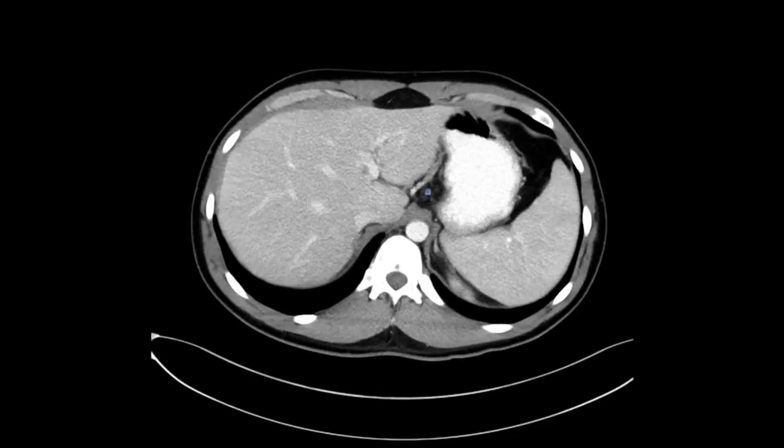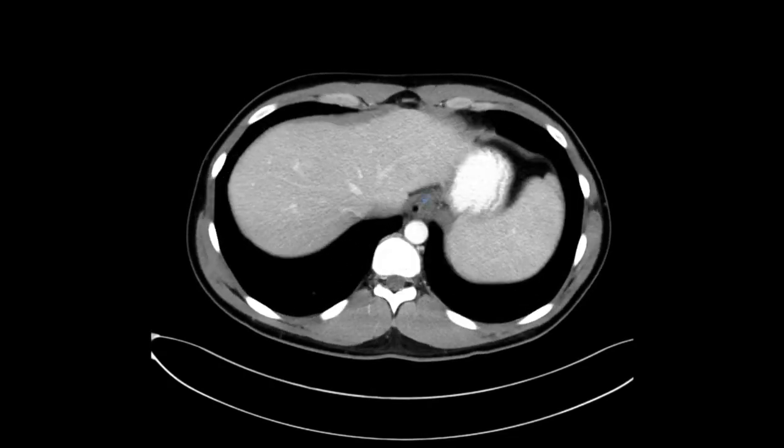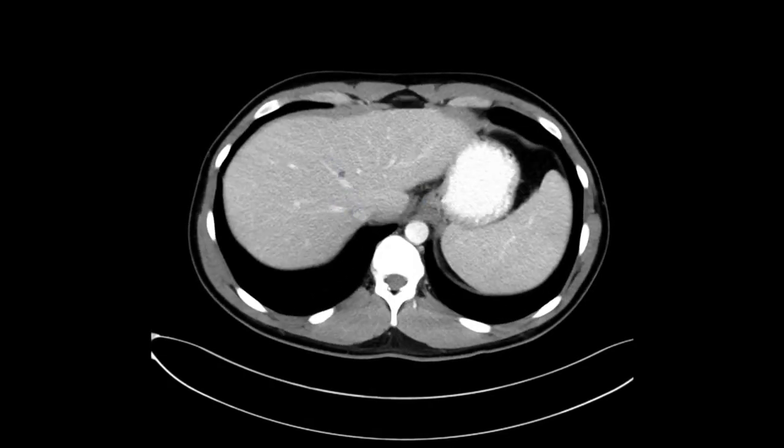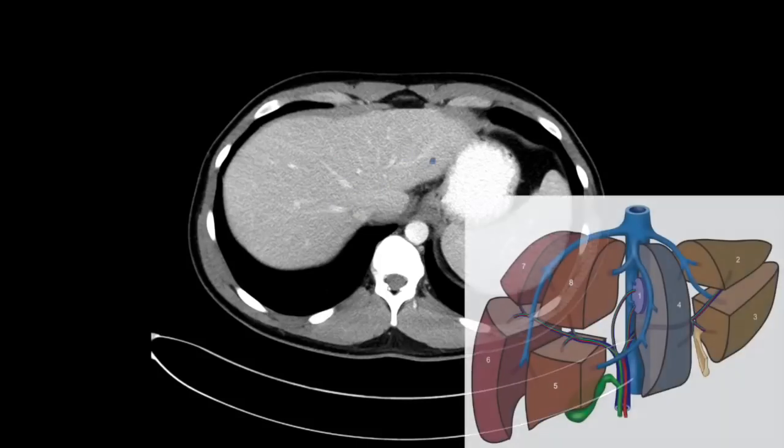So back to the segmental anatomy, the hepatic veins that we've now defined, right, middle, and left, split the liver into 4 slices. So 1, 2, 3, 4, split by the right, middle, and left hepatic veins. And you can also see this in the diagram.